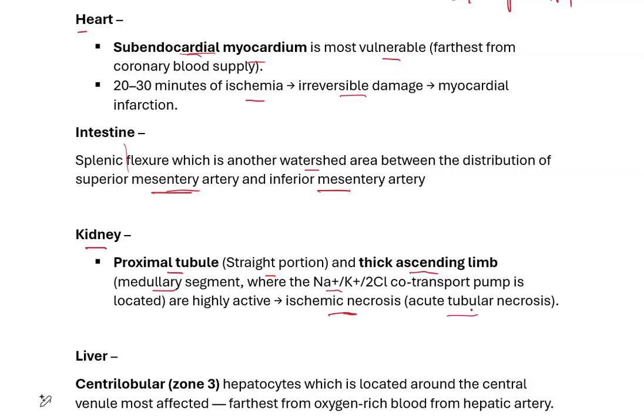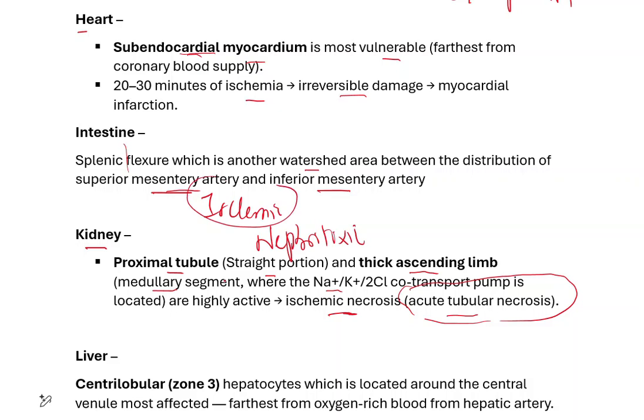And this is important to remember, especially for the exam, because when you look at things that could cause acute tubular necrosis, it could be ischemia, or it could be nephrotoxic. If it's ischemia, ischemia will affect the proximal tubule and will also affect the thick ascending limb.